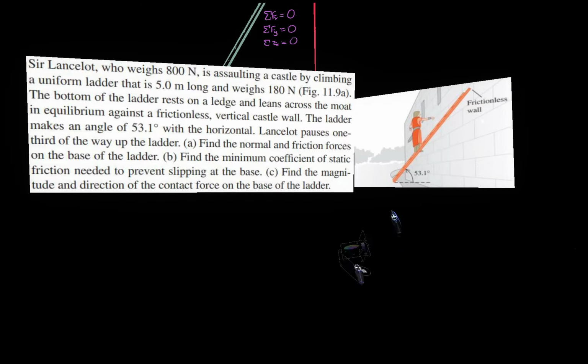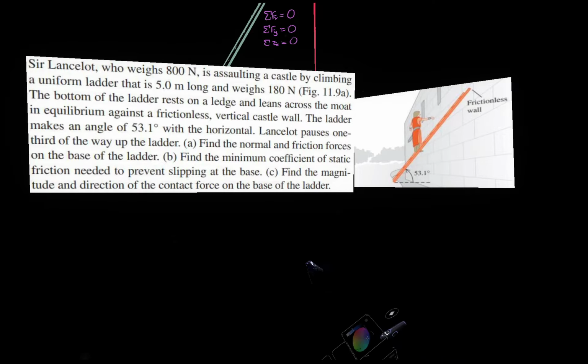So the first place to start is to notice some differences in this problem from what we have typically worked with. So first, the whole system is stationary, and so we can use the equilibrium conditions to solve for the variables it's asking for.